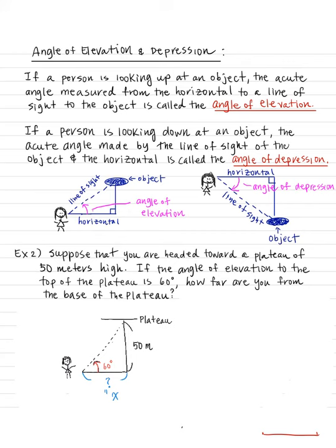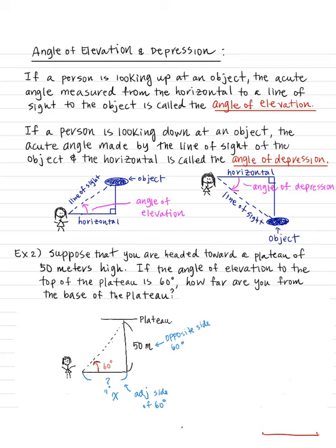Now notice that our x is nothing but the adjacent side of 60 degrees, and the 50 meters is the opposite side of 60 degrees.